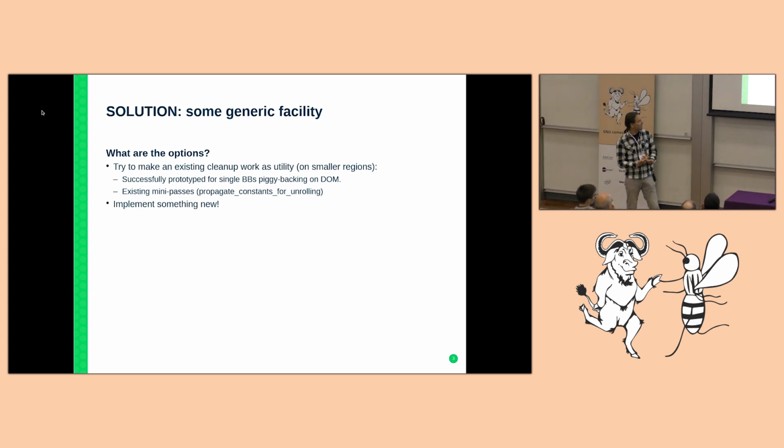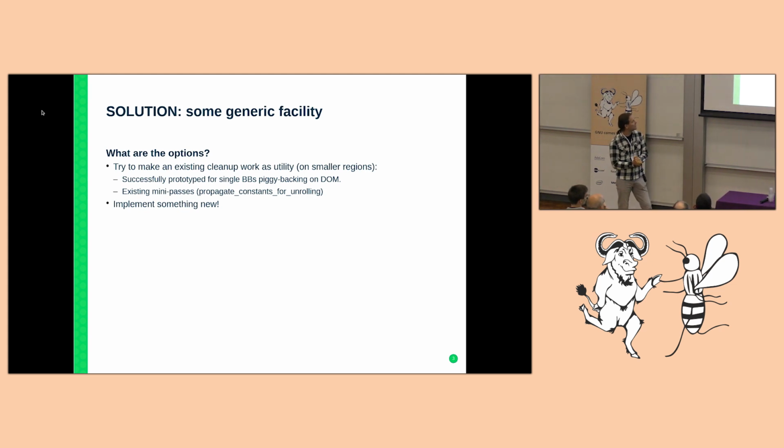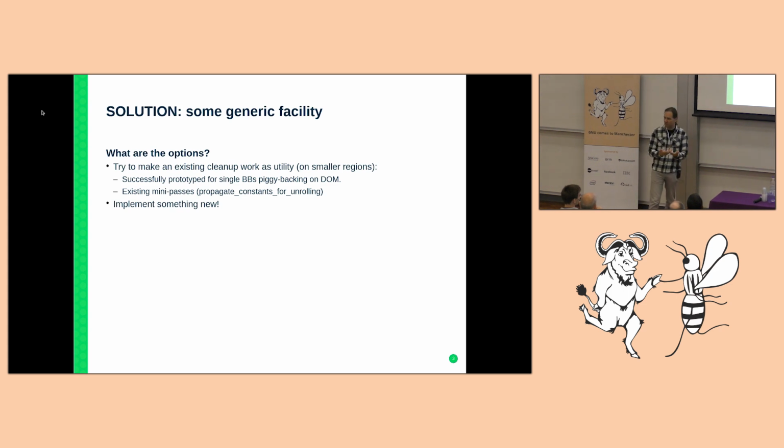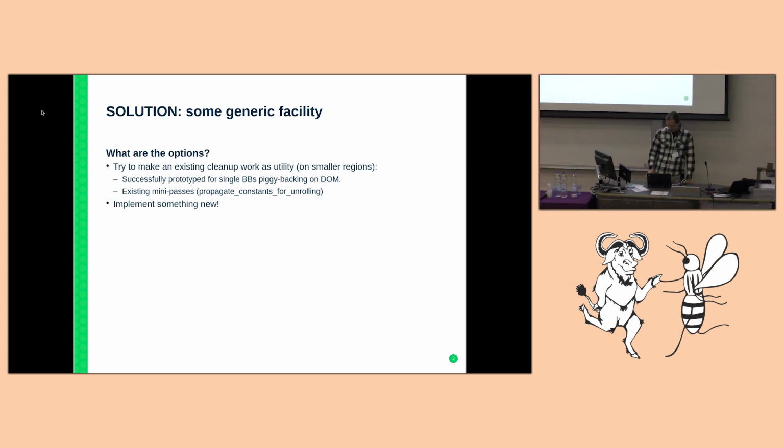The options are, of course, to make existing stuff work on smaller regions. As I said, Bin has prototyped this for DOM, or we could use stuff like propagate constants for unrolling from the unroller and enhance that, or of course implement something new. This is usually our preferred implementation choice. Add something new. So I chose to add something new.